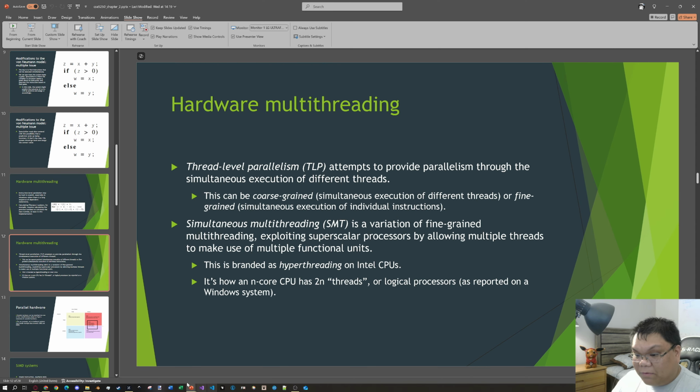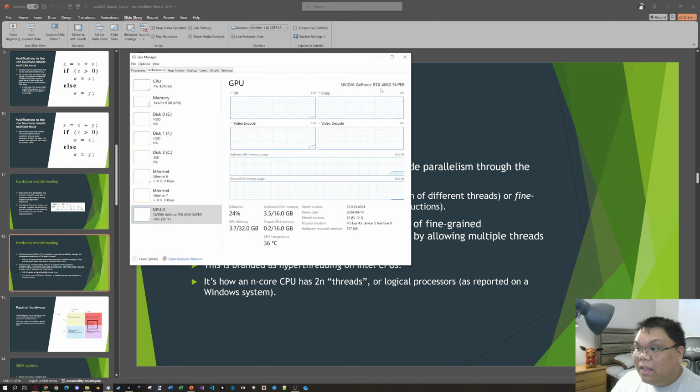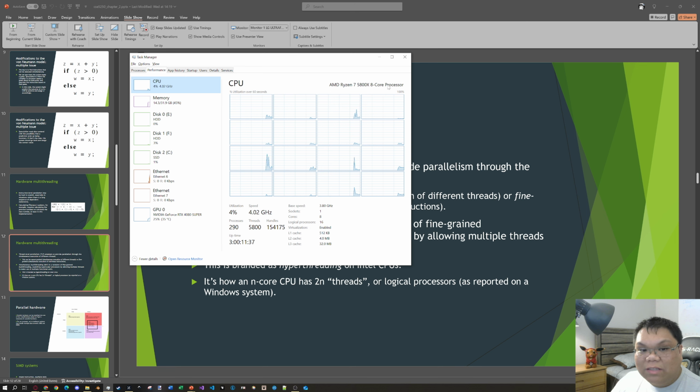So, for example, if we open Task Manager and look at my computer, that's my 4080 Super. This is an 8-core CPU, but notice how there are 16 line graphs here. That's because those are the threads that are spoken of when marketing talks about this being an 8-core 16-thread CPU.